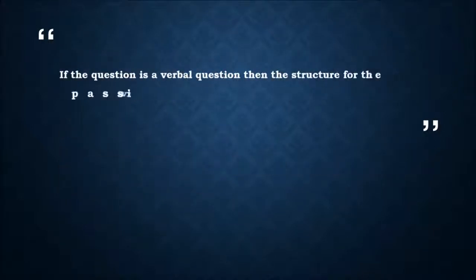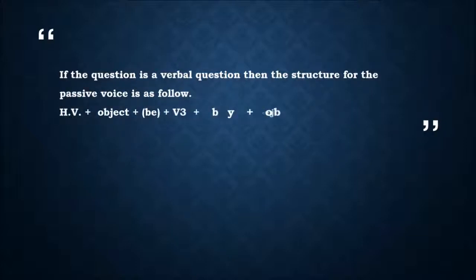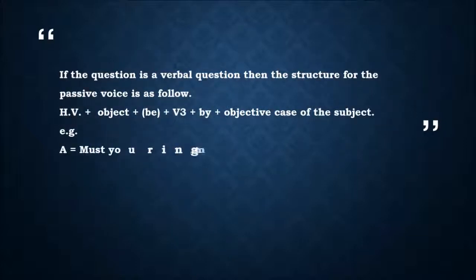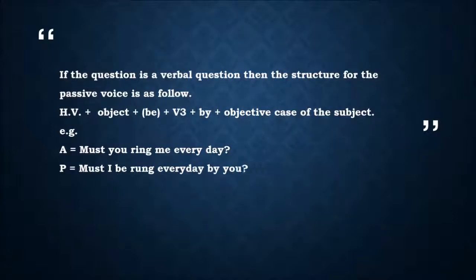U. If the question is a verbal question, then the structure for passive voice is: HV plus object plus be plus V3 plus by plus objective case of the subject. E.g., active: must she ring me every day? Passive: must I be rung every day by you?